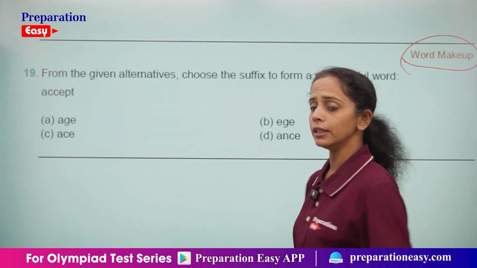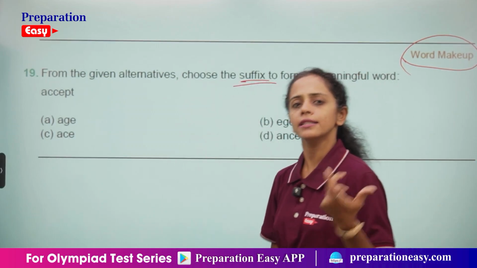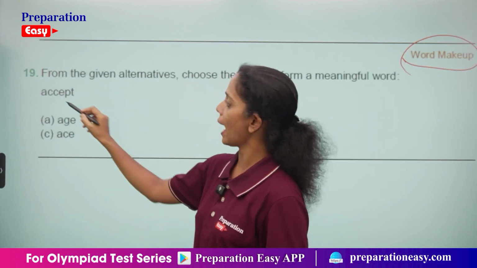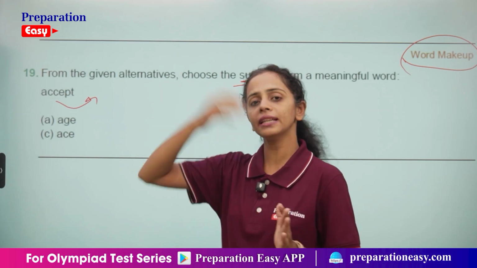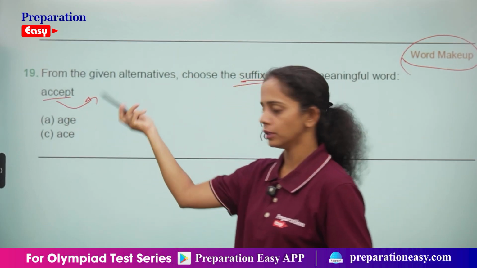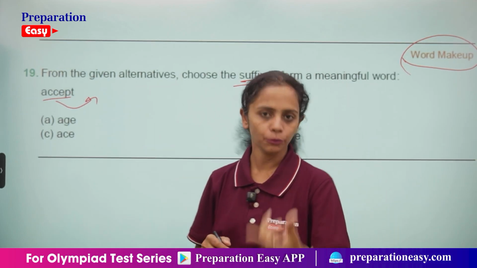Now, the key word in this question is suffix. What do you mean by suffix? Suffix means you are going to get a word and you have to add another word after that given word. Clear? So you are going to get a word and you have to add a word which will come after that word and it will give a meaningful word again.